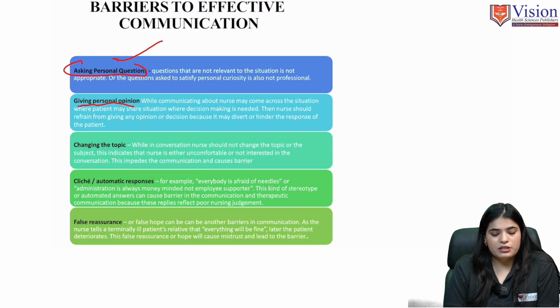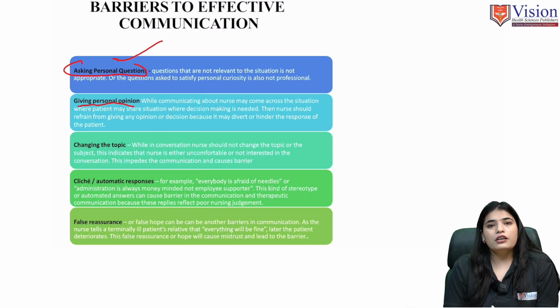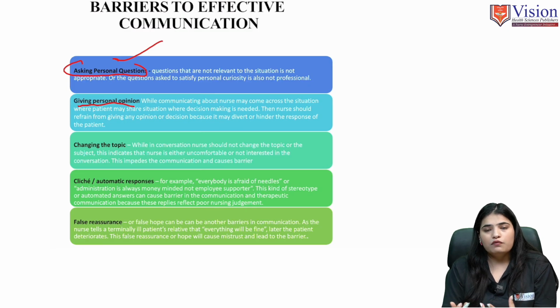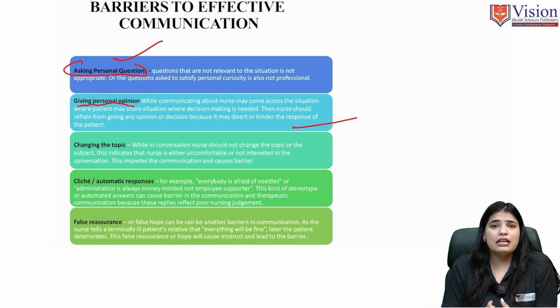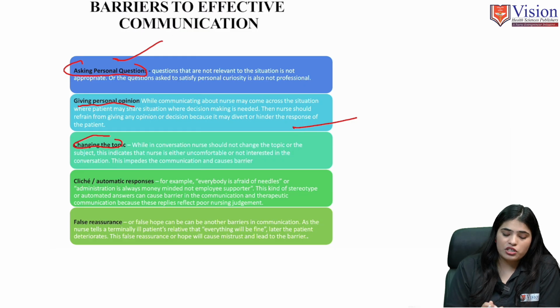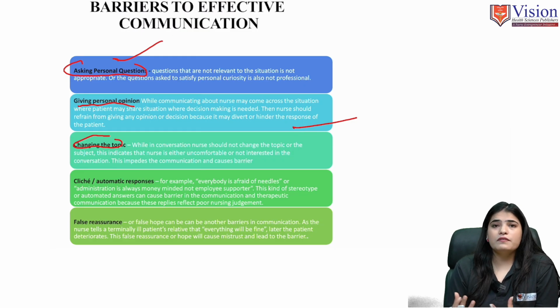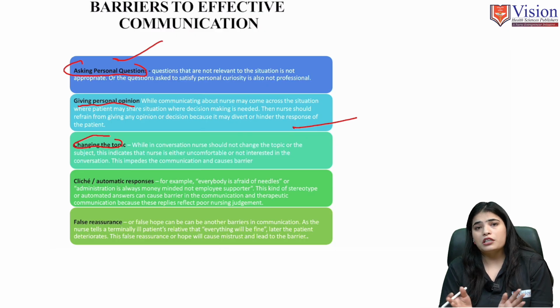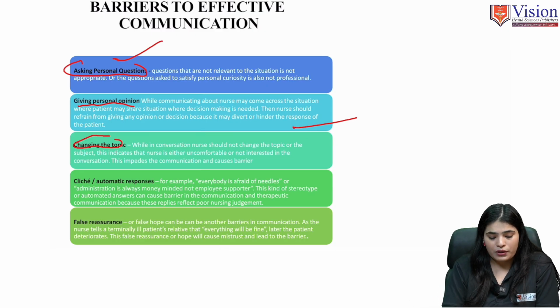Next is giving personal opinions. We can provide our information, we can provide similar scenarios to the patient, but we cannot provide personal opinions that will interfere with the communication. Changing the topic. While in conversation, the nurse should not change the topic or subject very frequently. That means the patient will understand that you are not interested in what the patient is telling you.